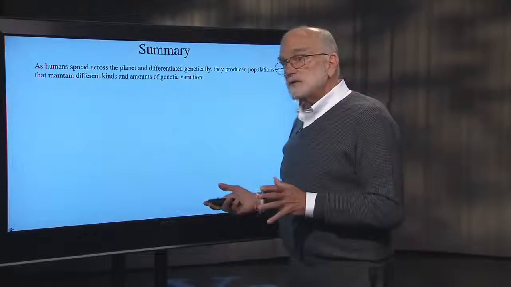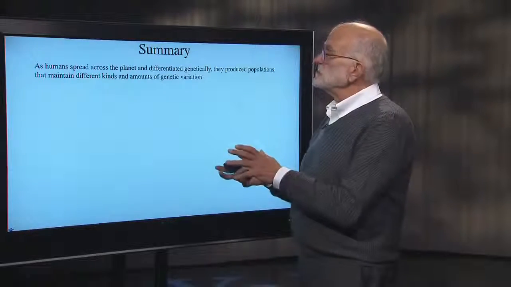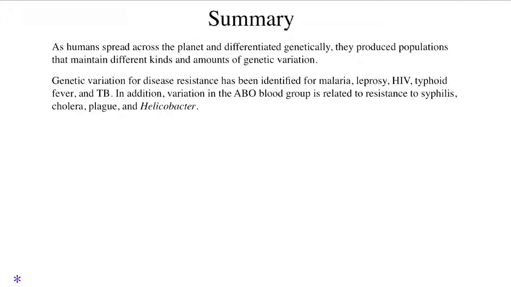So as we spread out across the planet, we differentiated genetically, and those genetic differences have consequences. Among them, there's genetic variation for disease resistance, and that's clearly identified for malaria, leprosy, HIV, typhoid fever, and tuberculosis.